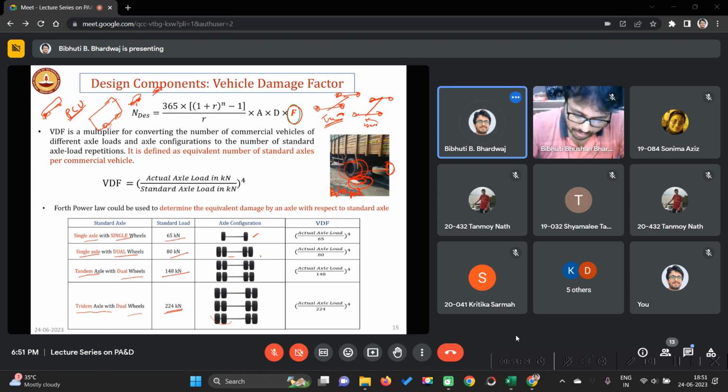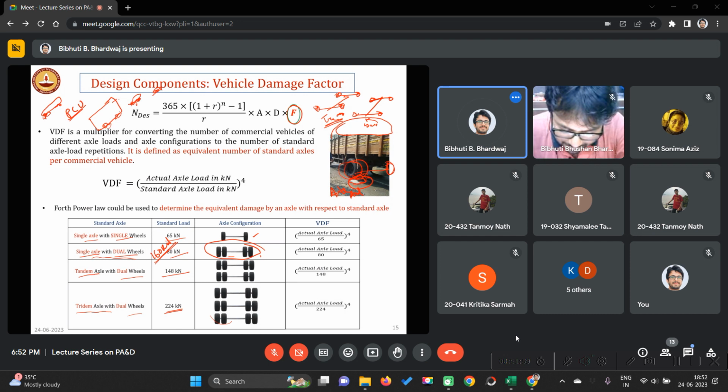So in this kind of scenario, think of a single axle dual wheel, where two wheels are there. Suppose you got 160 kilonewton. It is carrying some steel reinforcement bars, so because of that the weight is very huge, and the load is 160 kilonewton.